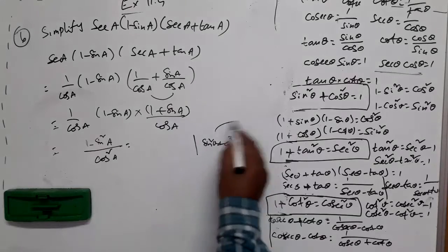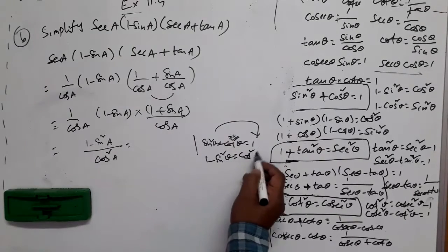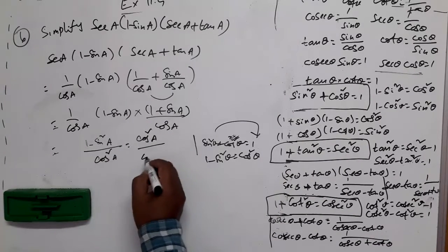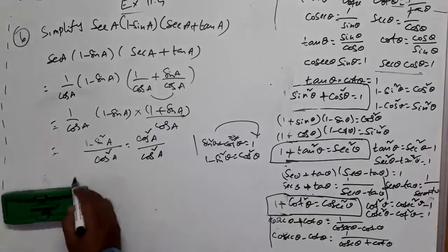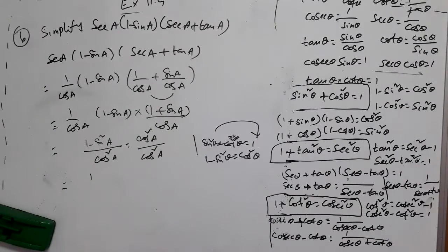From that, 1 minus sine square theta can be written as cos square theta. So 1 minus sine square A can be written as cos square A. The denominator is already cos square A. They do get cancelled.